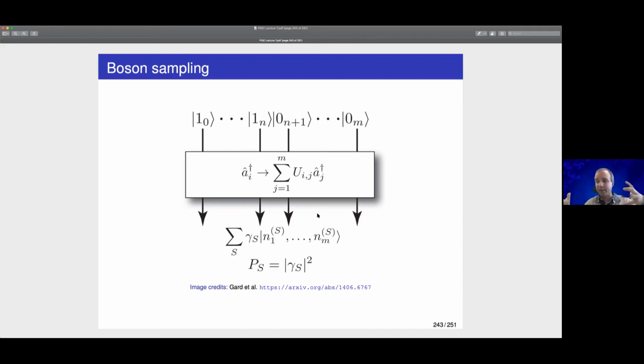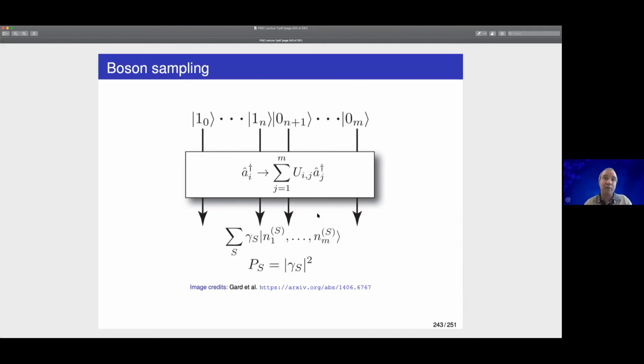You have some photon detectors at the other extreme of the network, and then you detect photons at some places. Okay, of course, this is a quantum evolution of the different superpositions of possibilities for the photons.